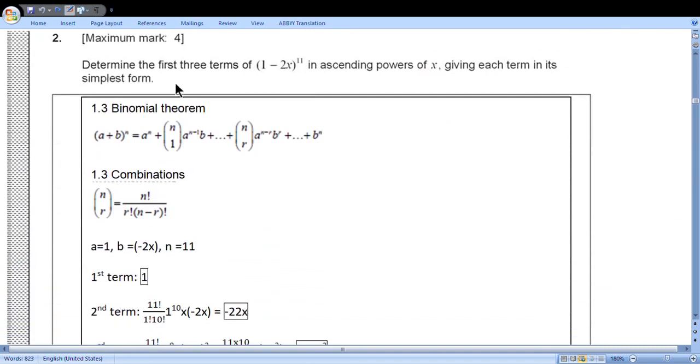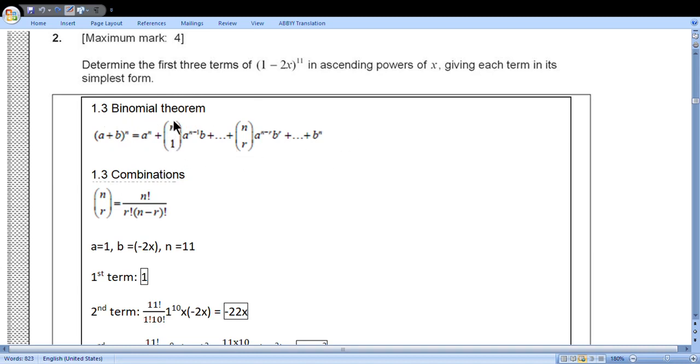Question 2. Determine the first three terms of this expansion in ascending powers of x, given each term is in its simplest form. So section 1.3 of the booklet, binomial theorem. Here we have the first term, second term, and so on.